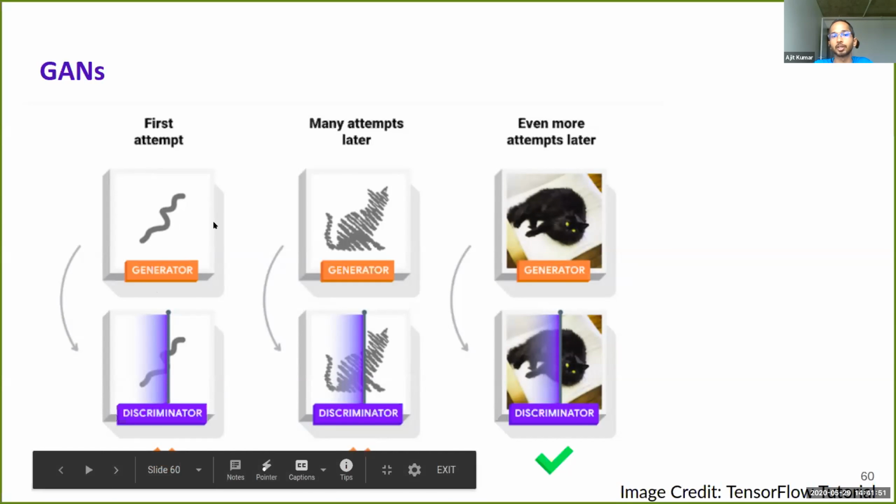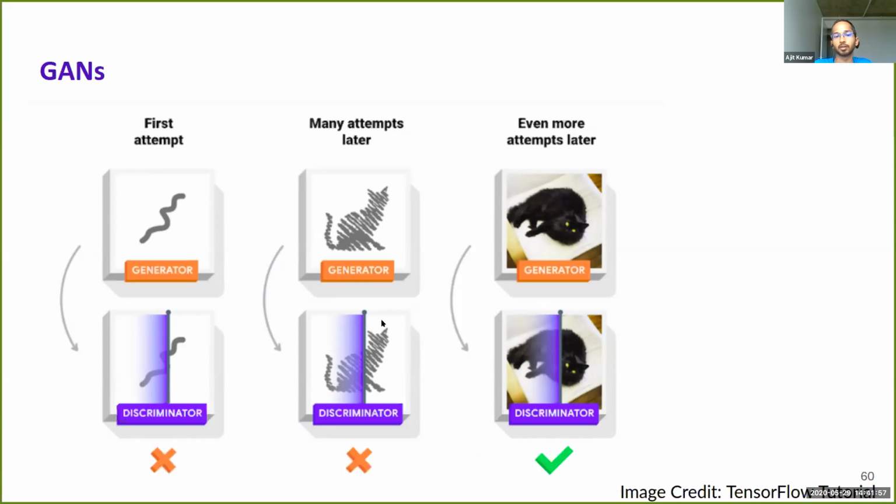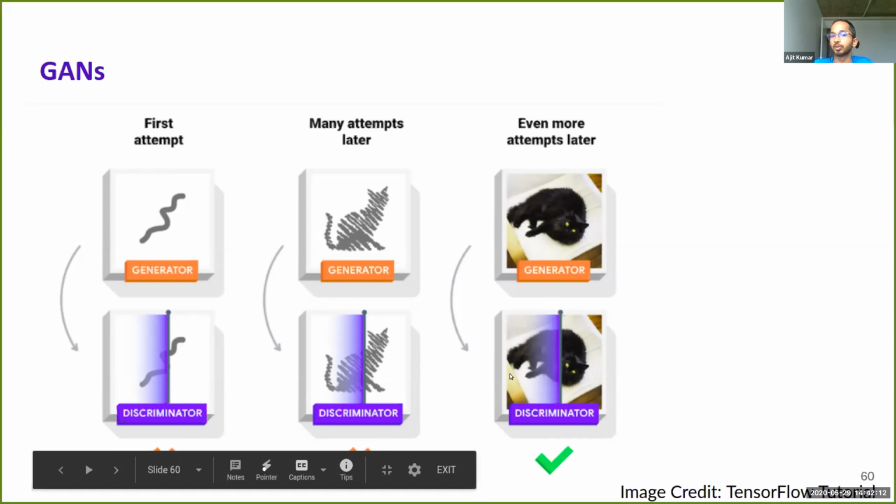But after some iterations, let's say it is able to learn a sketch of the cat, and the discriminator would still say that it is not a real looking image. But then it would improve itself over time, and it would finally learn to generate good images, which the discriminator would not be able to tell apart from real images.